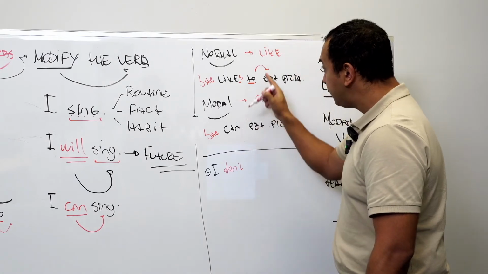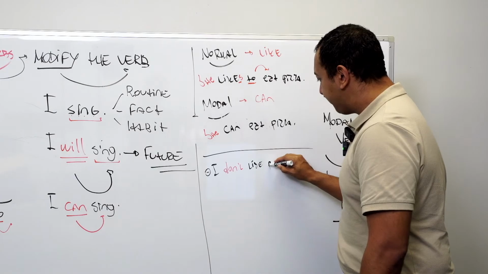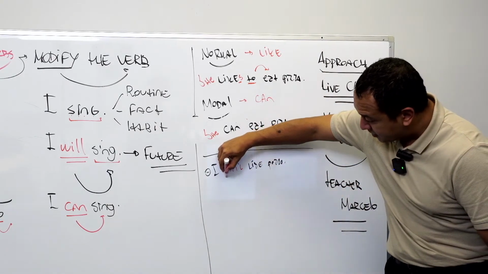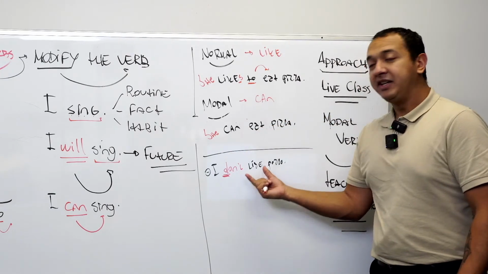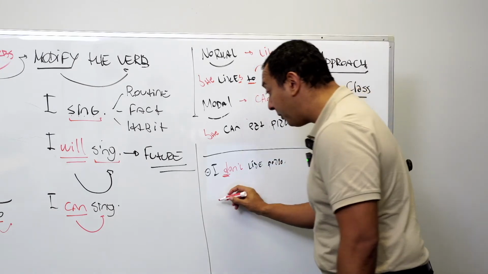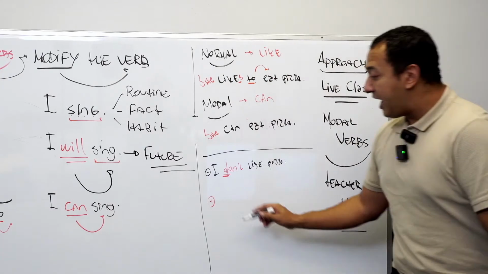I don't like pizza. Okay? I have to use the auxiliary do because like is not a modal verb. Like is a normal verb. Now, if I have a modal verb in my hands, I don't need to do this.